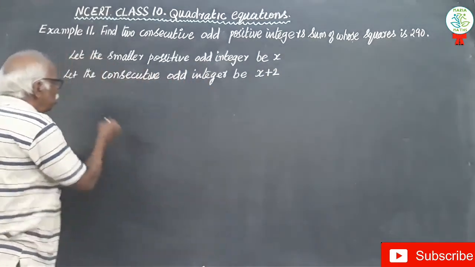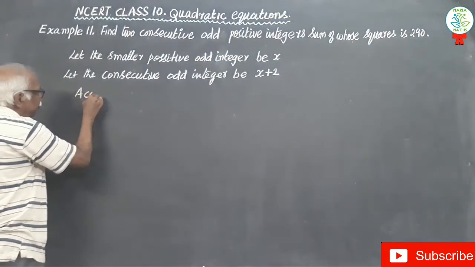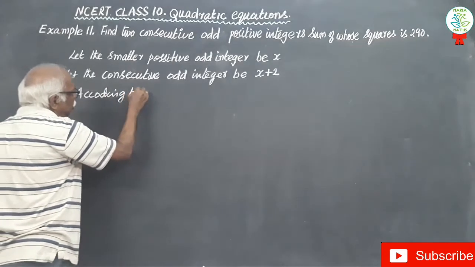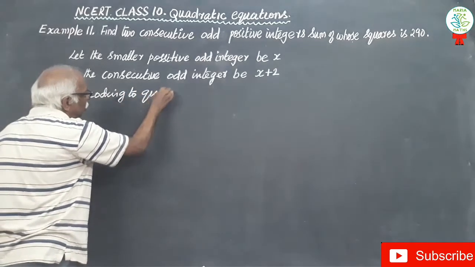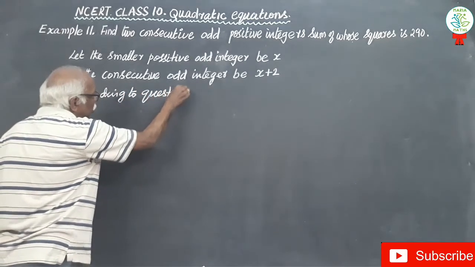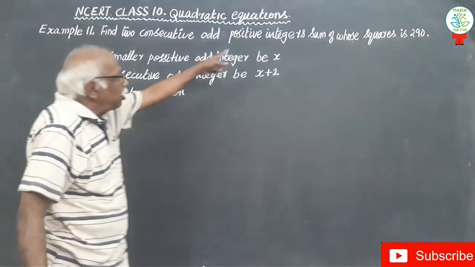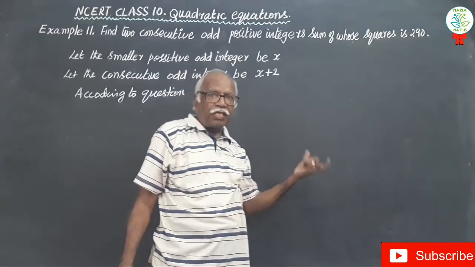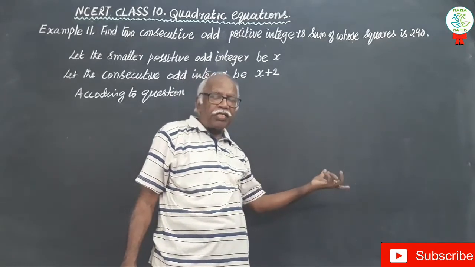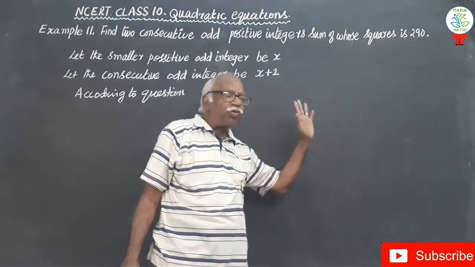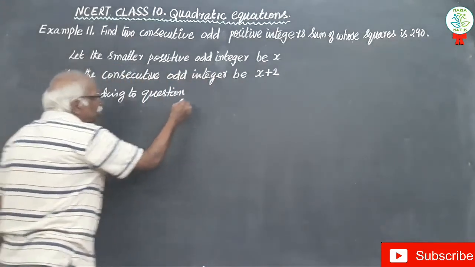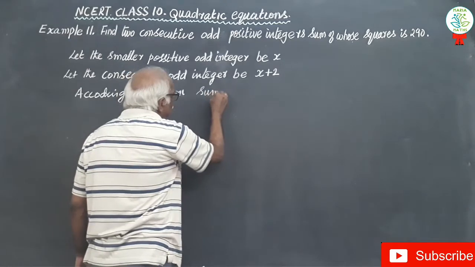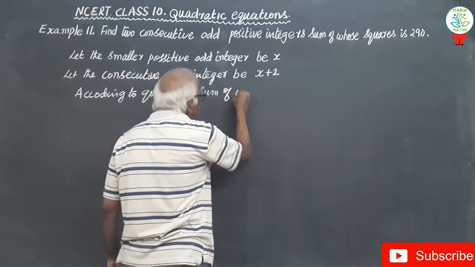Now according to the question, sum of whose squares is 290. First odd integer ஸ்கொயர் பண்ணோம், செகண்ட் odd integer ஸ்கொயர் பண்ணோம், ஆட் பண்ணா 290.